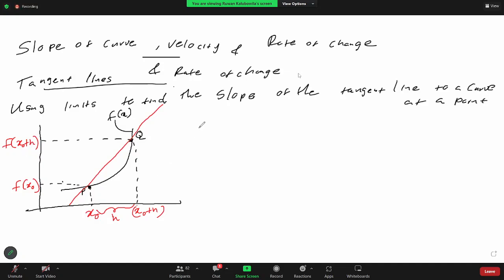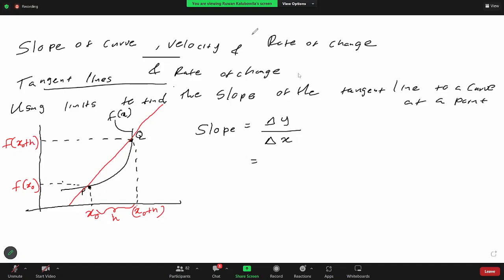Now I am using the knowledge you have learned at O level, right? If someone gives you a task to find the slope, how do you do it? Normally, you find the difference of the y values, then divide by the difference of the x values, delta y over delta x.